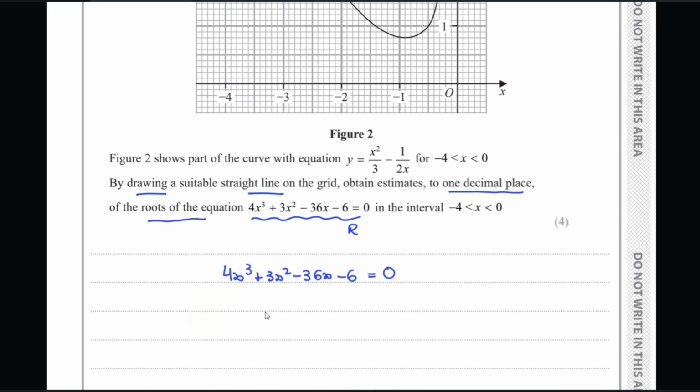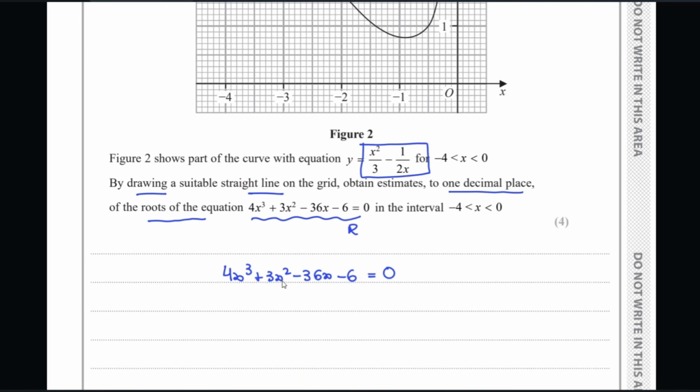So let's think about how we can turn this cubic into this x squared over 3 minus 1 over 2x. Let's do it step by step. We can start by dividing all the terms by x so that the largest term is x squared.